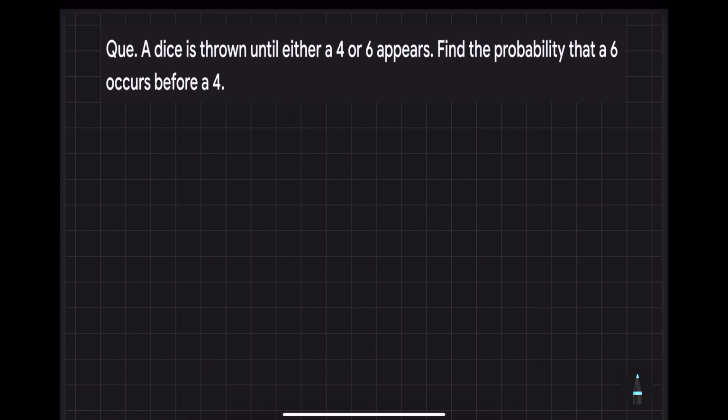So, we got a wholesome new problem which says a dice is thrown until either a 4 or 6 appears. Okay. So, try to focus on these wordings. These things are important.